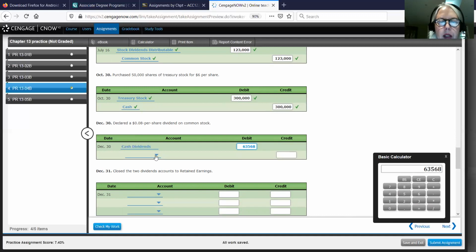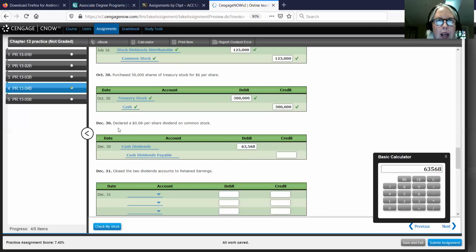We would credit then, not cash, that doesn't belong there, but the cash dividends payable, because we're declaring this dividend. Doesn't mean we paid it yet. We're just saying that we owe it.